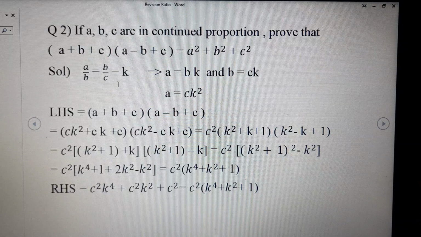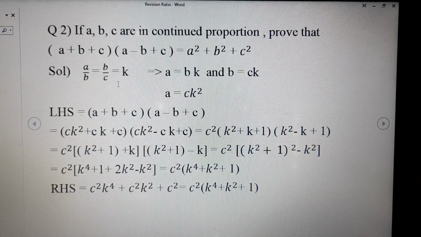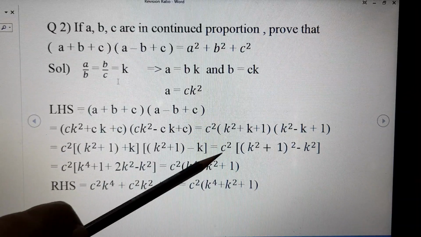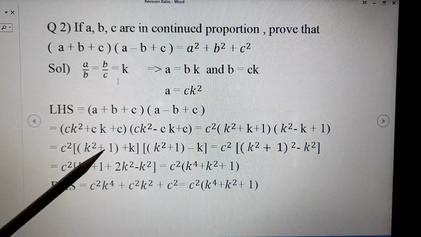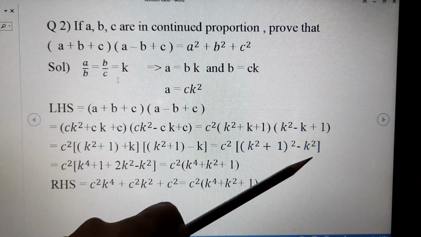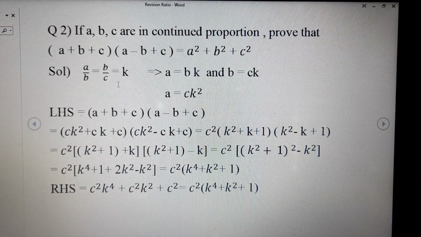and b is k. So by using the identity a plus b into a minus b is equal to a square minus b square, c square will be copied as it is, and here we'll apply the formula. So a is k square plus 1 and b is k.